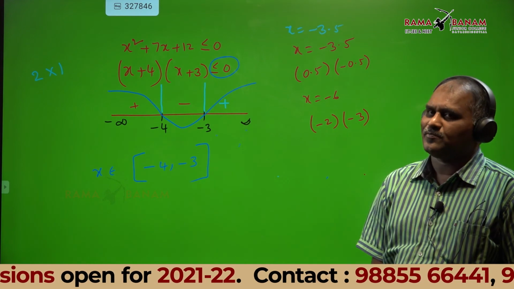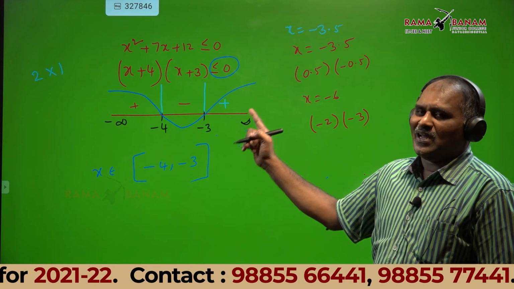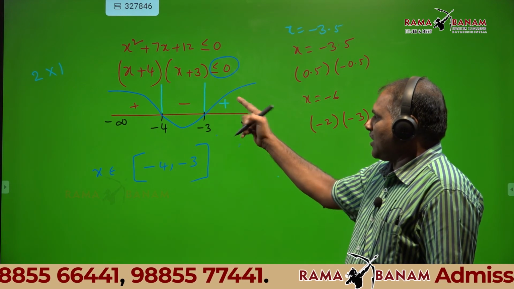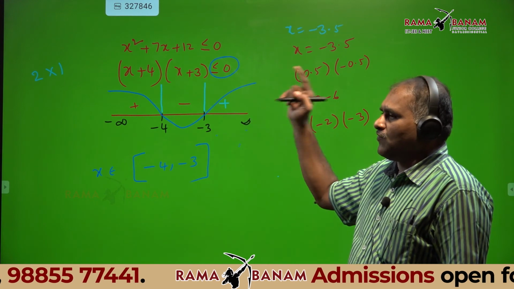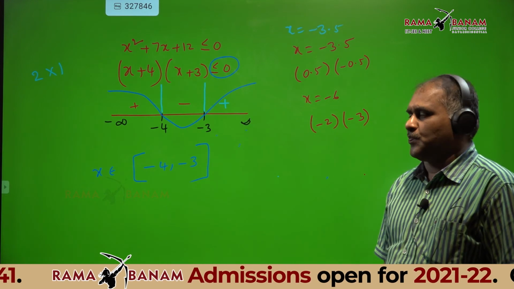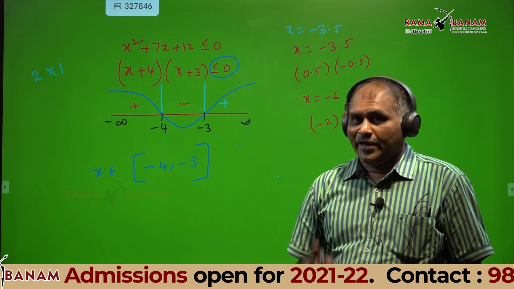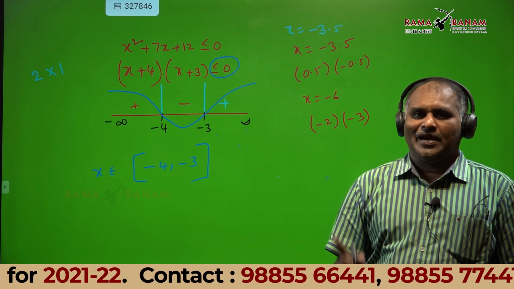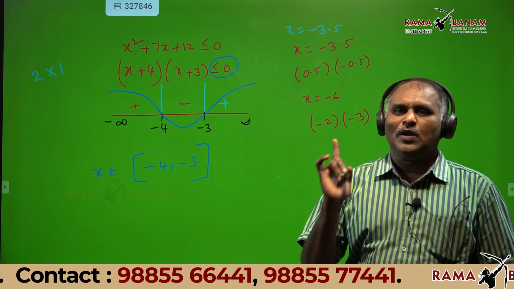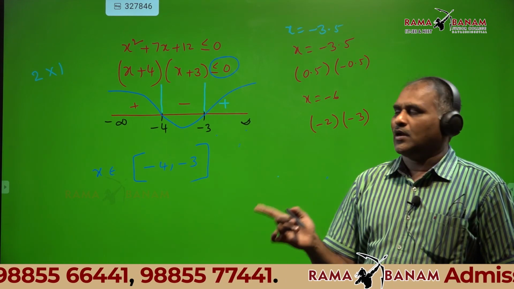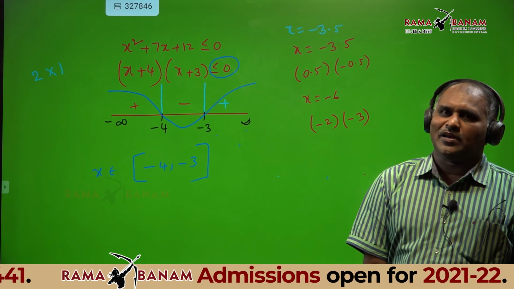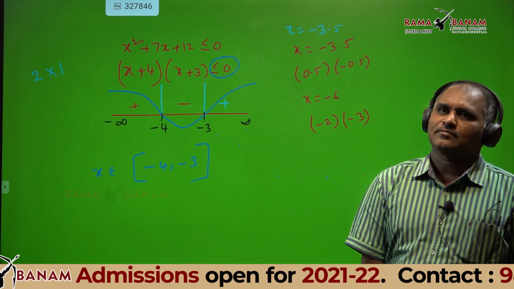Remember this point: the last interval on the right hand side should always be positive, and after that you can put alternate signs. Understood?